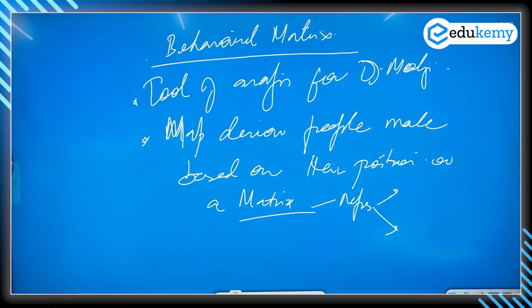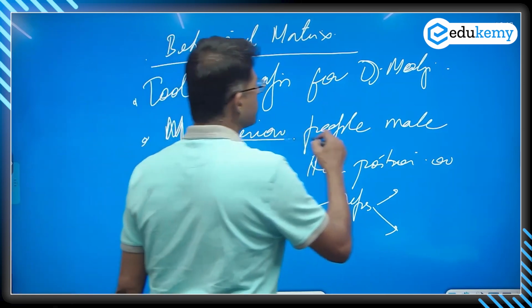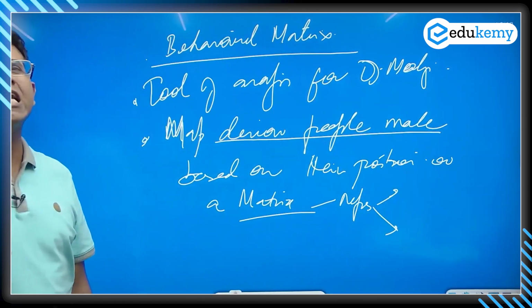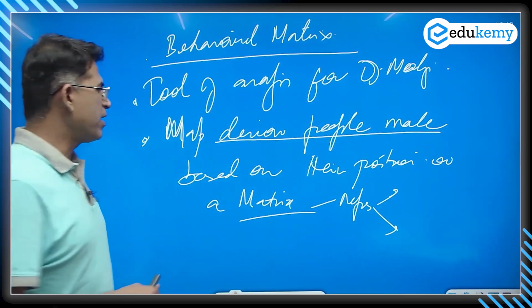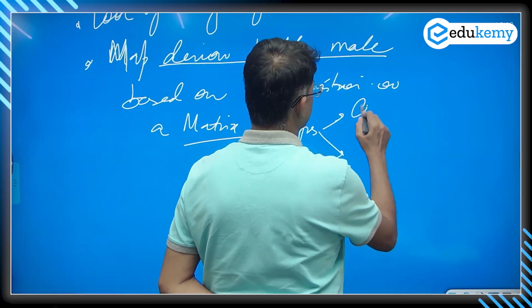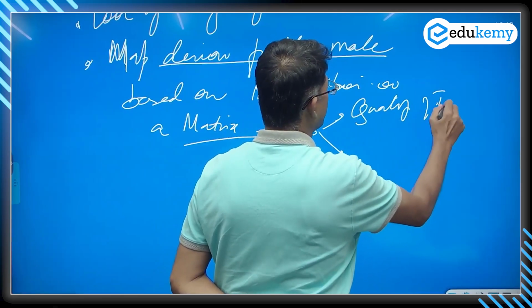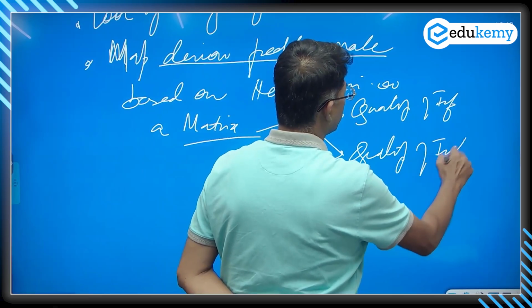What is a matrix? It is a type of map using two variables, quantity of information and quality of information.